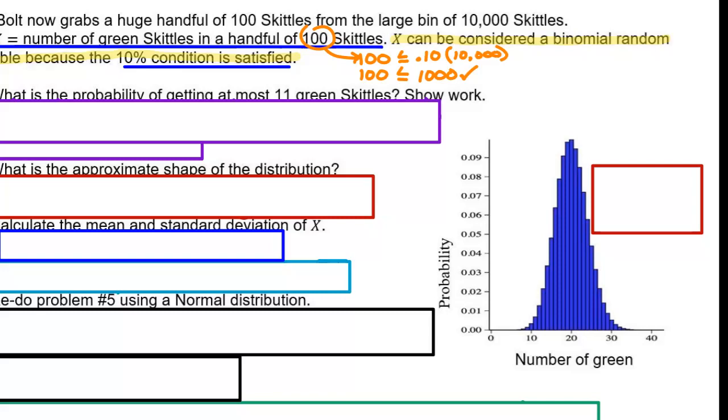That is not an easy number to get my hands on. But if I were to sample, say, 100 cars, would you agree that 100 cars is less than or equal to 10% of all the cars in the US? So in that case, when I don't have a number for my population, I will put in words what the population is, write out this inequality, and put a check mark next to it as long as that's a reasonable assumption to make.